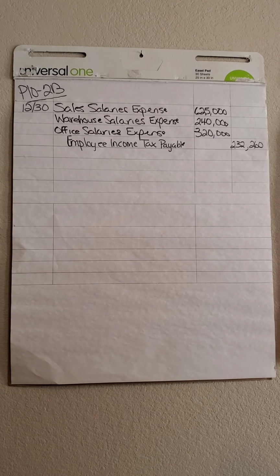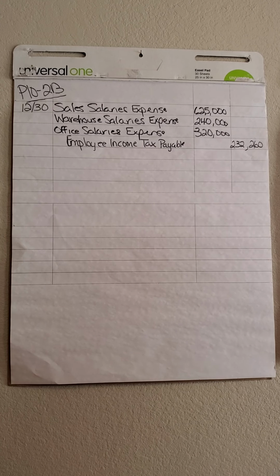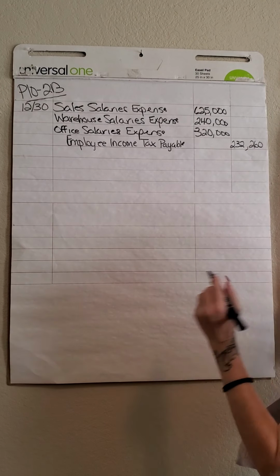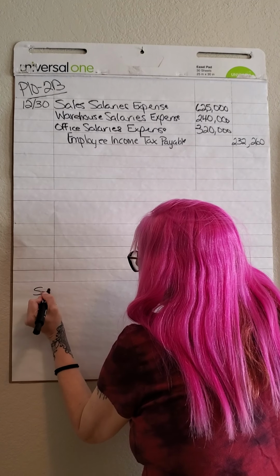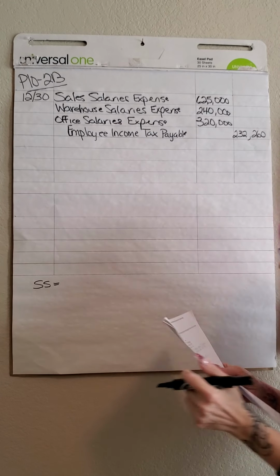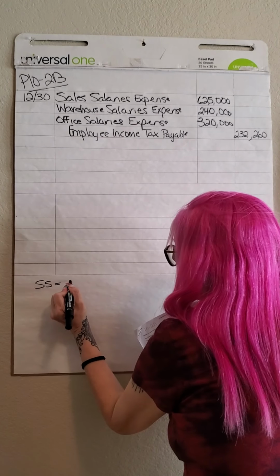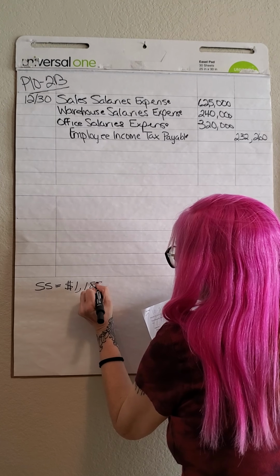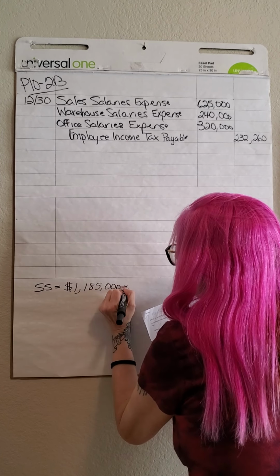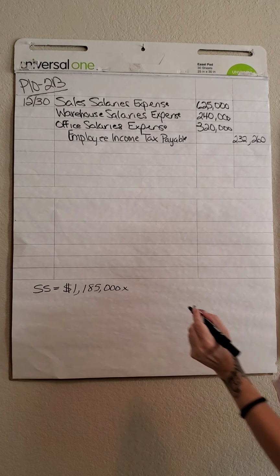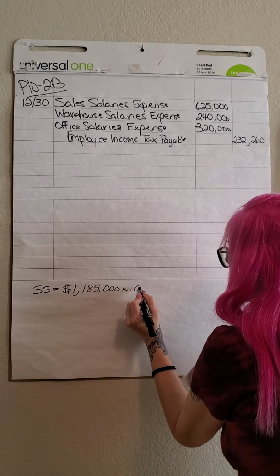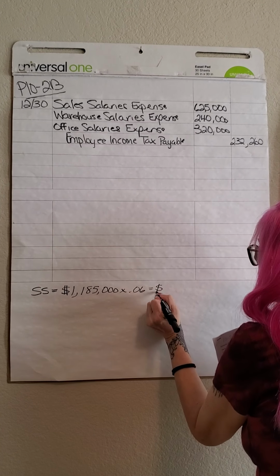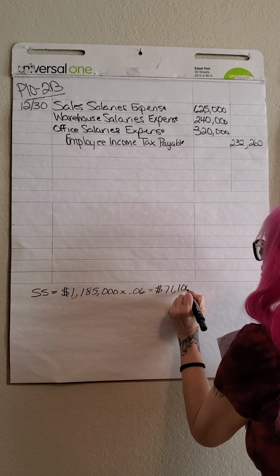That's the first one. The next thing that we need to calculate out is the Social Security tax payable. So when you're doing the Social Security, that's going to equal the total amount of the salaries expense, $1,185,000, and the problem tells us that the tax rate here is 6%, so we're going to multiply that times 0.06, and that's going to give us an amount of $71,100.